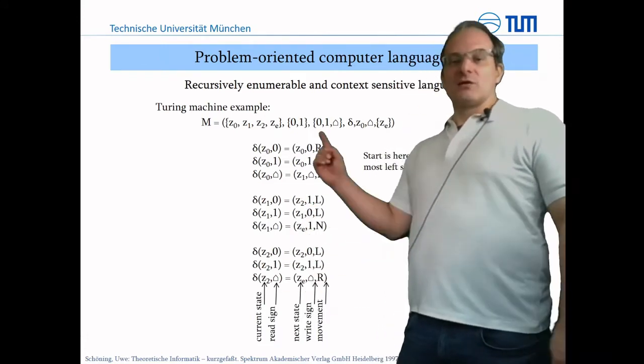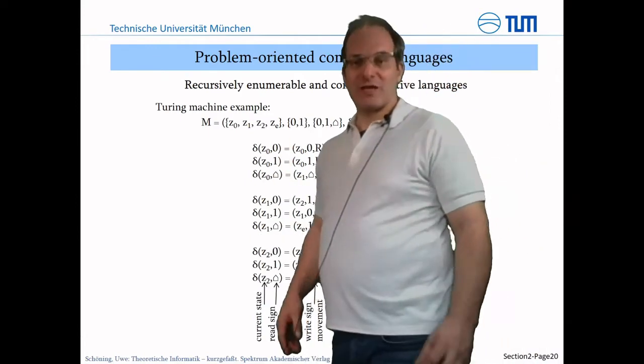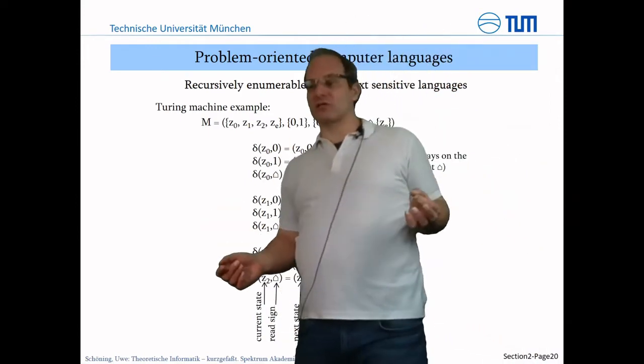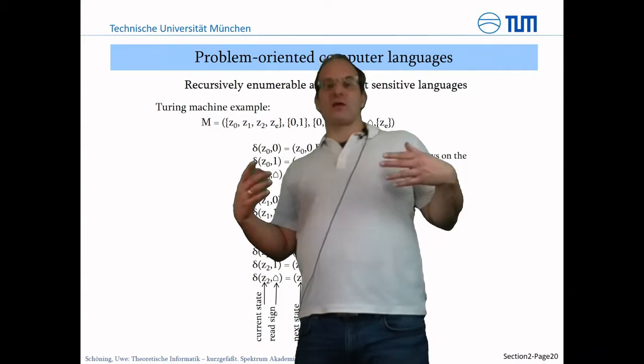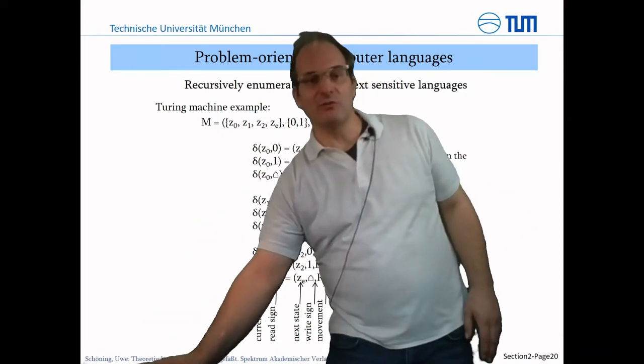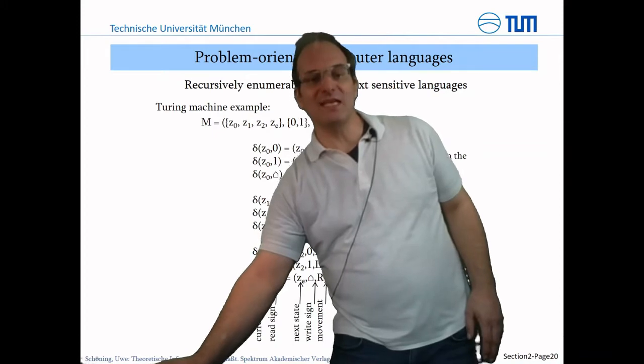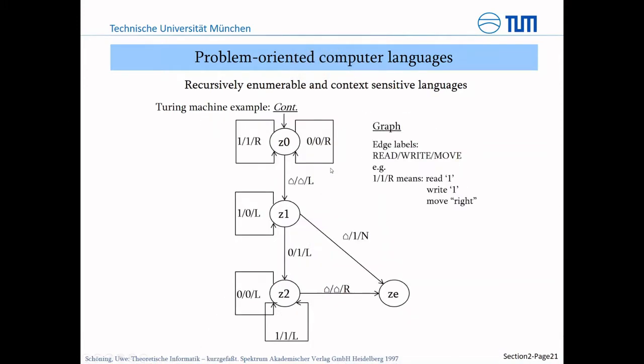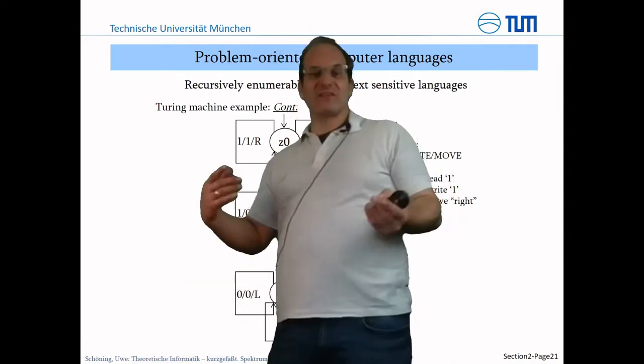So if we have this, we can create our state chart again in a similar way to what you know from the other machines. If we do this, you will see that it looks like this. What you have here is exactly what you know from the other graphs. You have a start state, you have intermediate states, you have edges between these nodes, and you have these definitions.